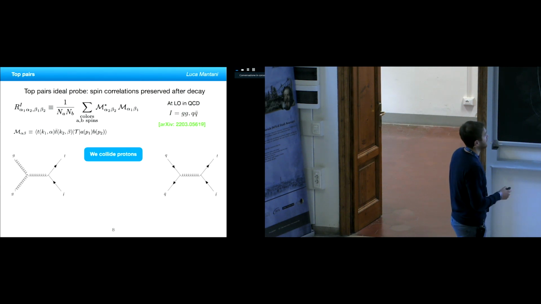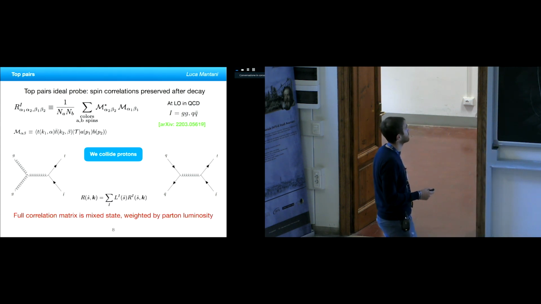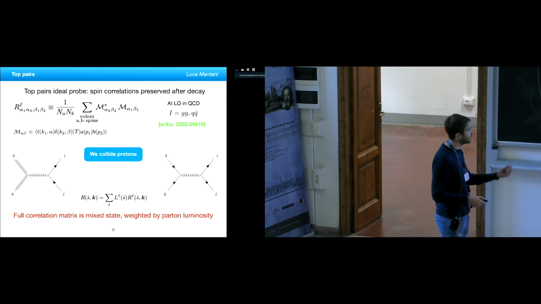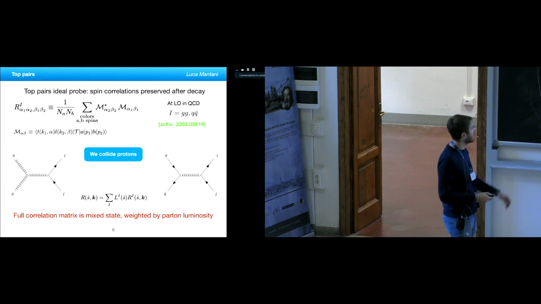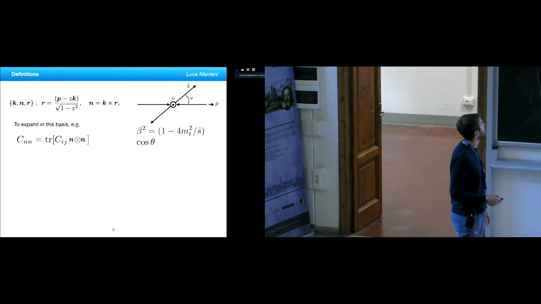We collide protons, so we get a mixture of these two channels. Therefore, our matrix is going to be a weighted sum of the individual R matrices of the partonic channels, and this weight comes from the parton luminosity, so from the PDFs that describe the parton content of the proton.